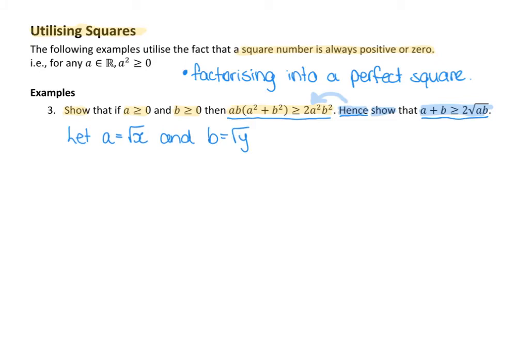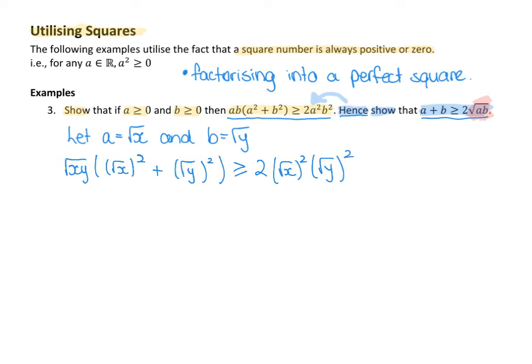And I'm choosing these two values because of this third term that is sitting in the expression I'm now trying to prove. So if we now substitute those values into the expression we know to be true from the first part of the question that we answered, we'll have the square root of xy outside of the square root of x all squared plus the square root of y all squared is greater than or equal to 2 lots of the square root of x squared multiplied by the square root of y squared.